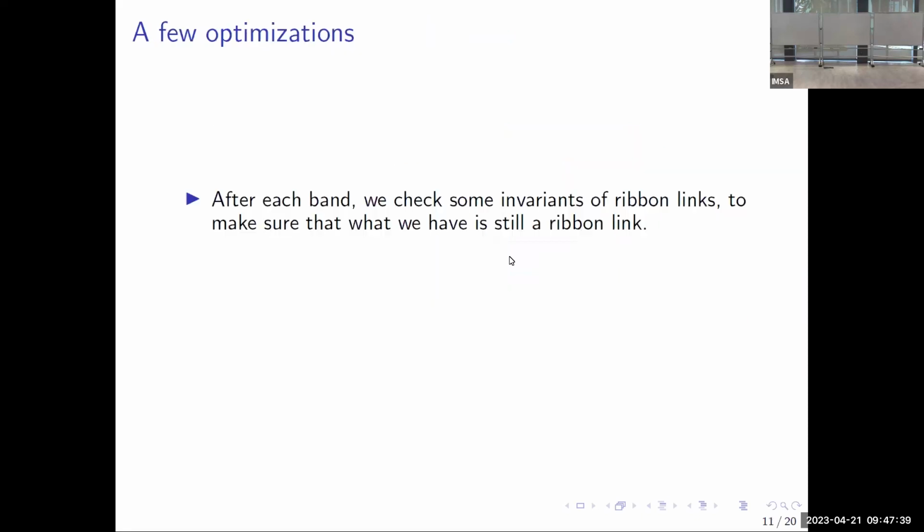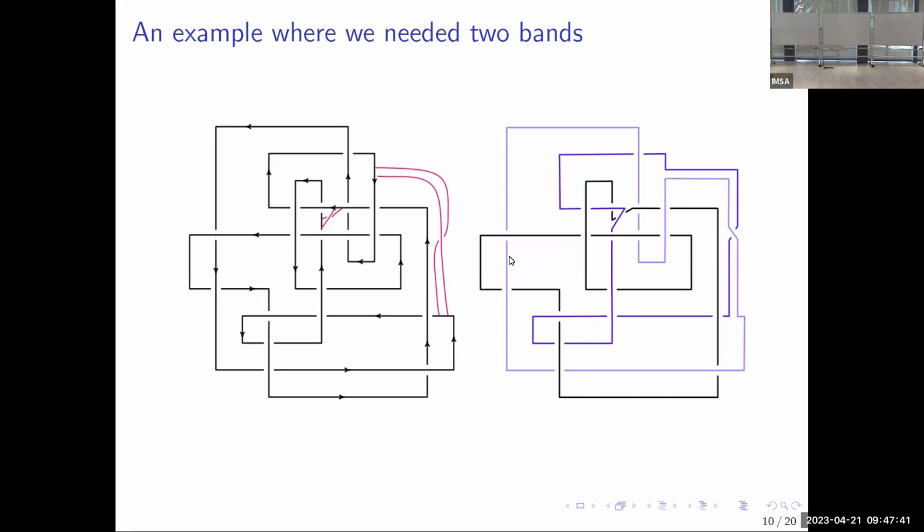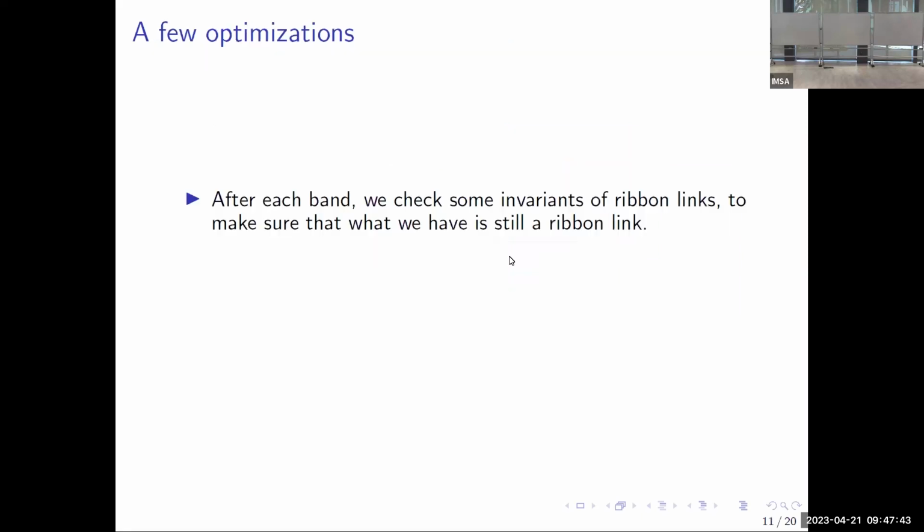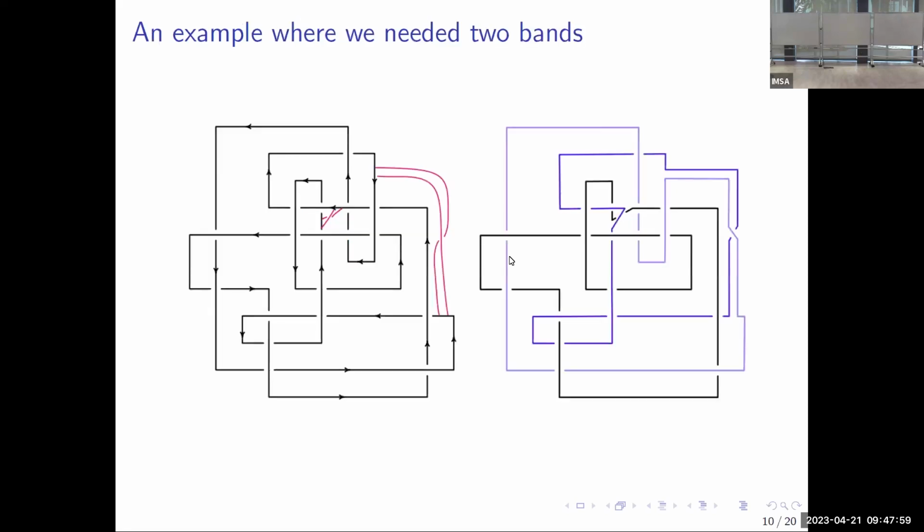So I gave an algorithm, and there are a few optimizations you can do. You can't really check all possible ways to add bands because there are infinitely many of them. What we actually did is you start with your original picture, and then you look at bands that just take a path along from one arc, and then you attach it somewhere else.